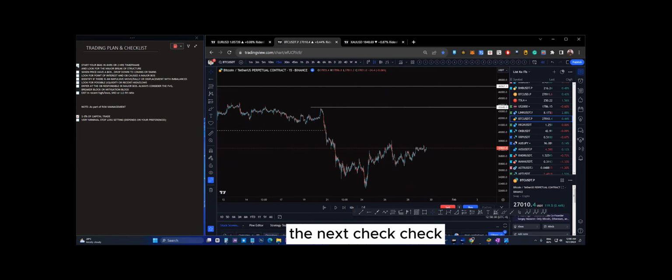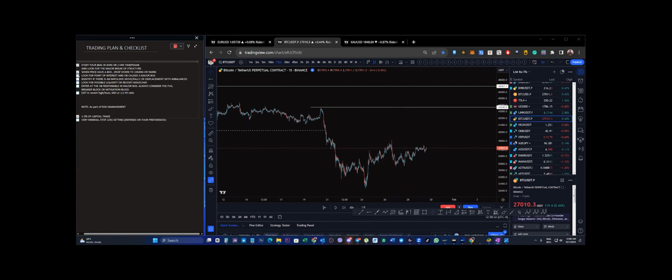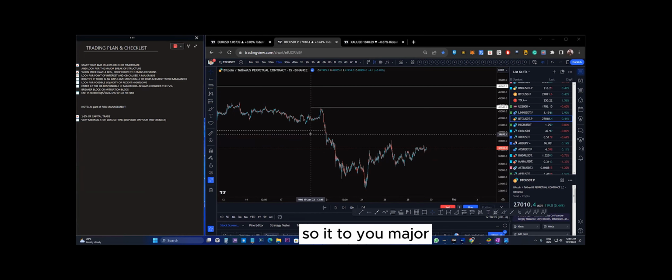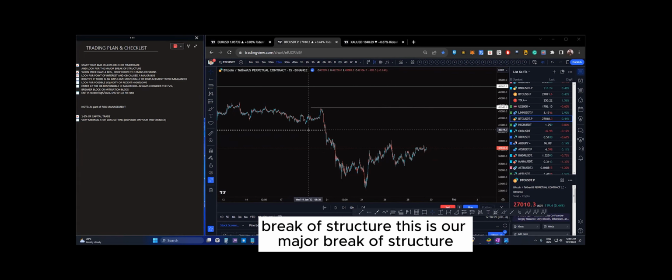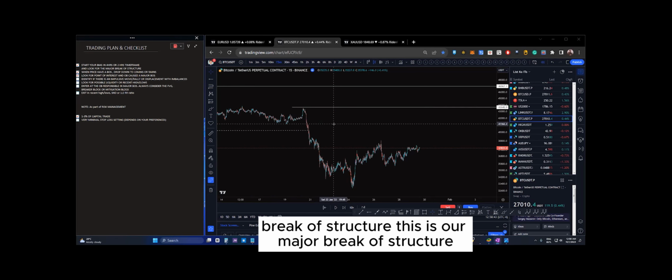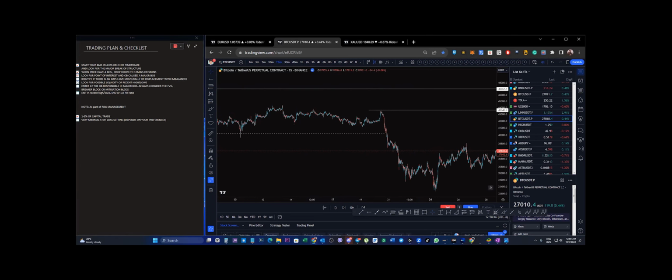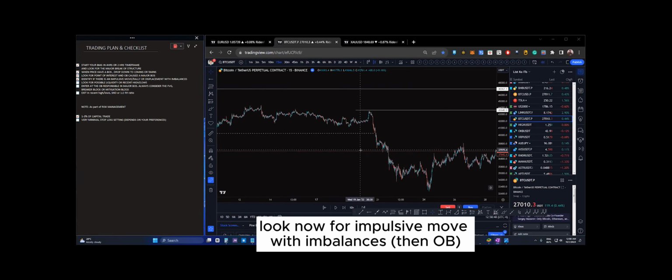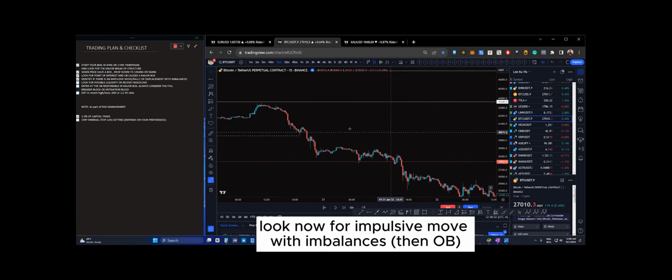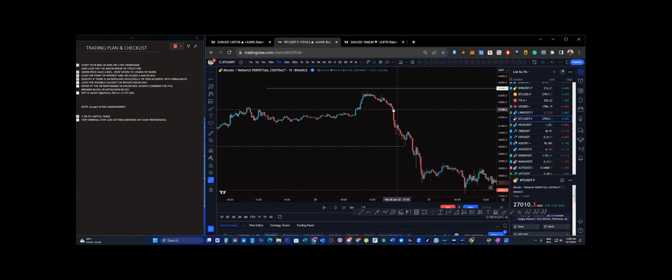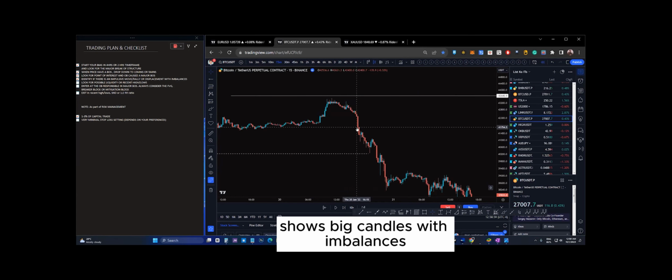Then next, so check, look for that cause a major. So, ito yung major break-off structure. This is our major break-off structure. So, anong gagawin mo? Hanapin mo na ngayon yung rally. Impulsive move na may mga imbalances. O, lakihan natin. Okay. Ito, yan, no? Ngayon, ano yun? Bearish yan.